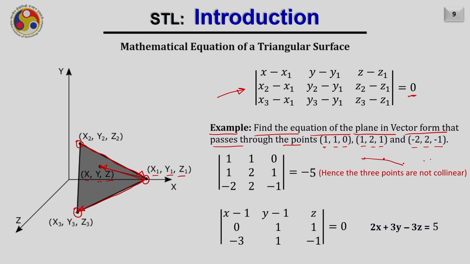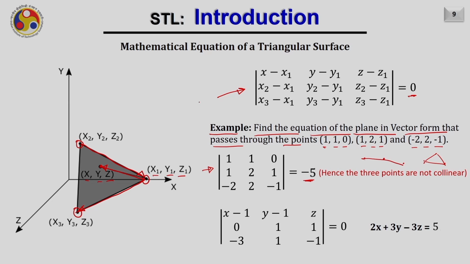If they are not collinear, then definitely a triangle can be formed. To check the collinearity of these 3 points, it's very easy. You just put these points in this manner in a matrix and find out its determinant. If the determinant is non-zero, that means these 3 points are not collinear.